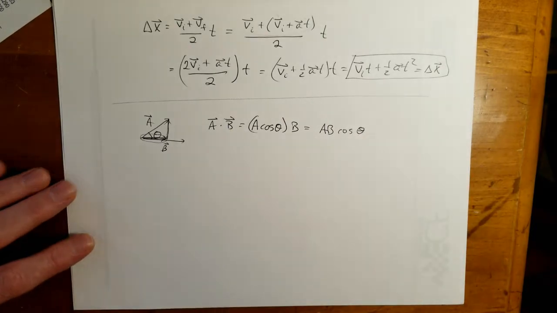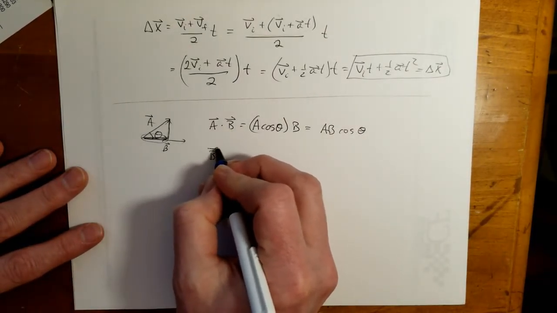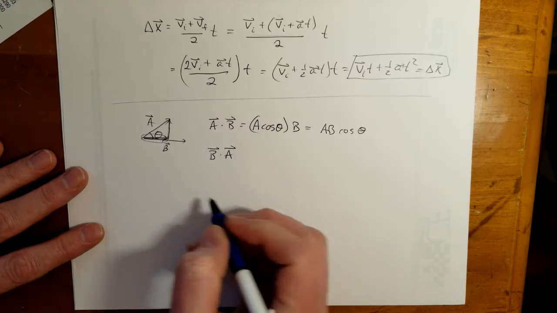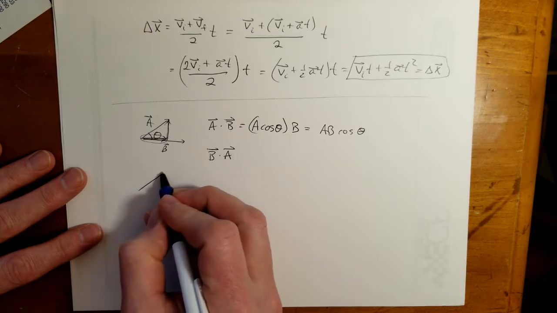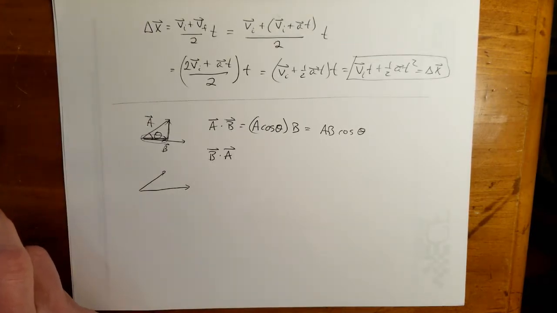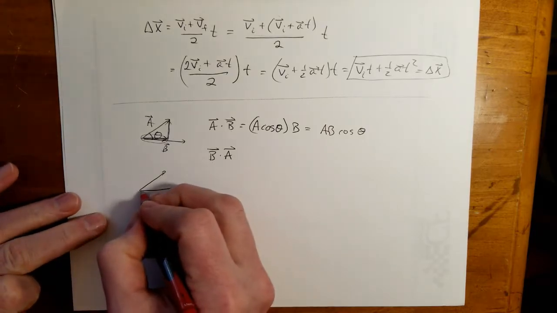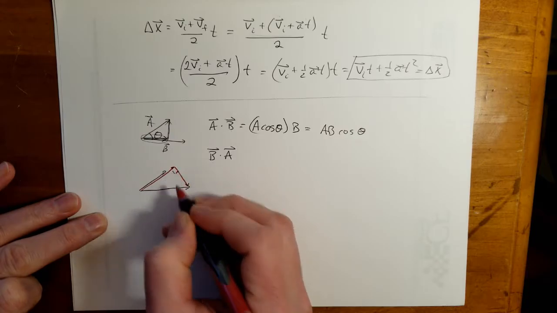Now, what is important here is that if I flip the order around, B dot A, I'm multiplying the part of B that's in the direction of A. So let's again try to draw them down there, and I would break B up into its components. I have a component going this way, a component going that way. These are perpendicular.